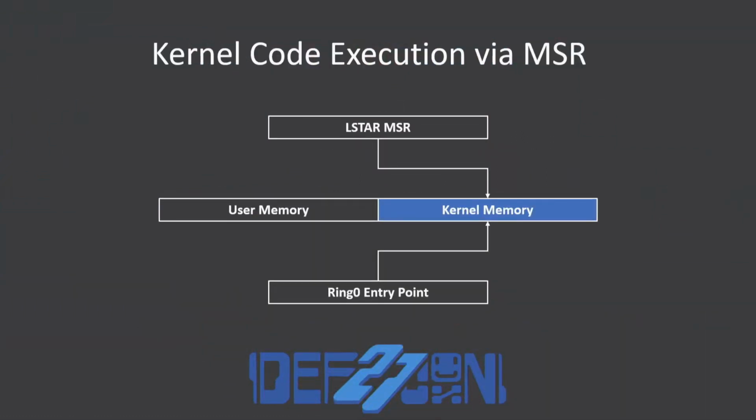So to look at the MSR case a little bit more, essentially the LStar MSR is pointing to an address in kernel memory where we don't know exactly where the kernel has been loaded. There's address randomization happening. When this transition happens, when you go from user space to kernel space, it starts executing at the address that LStar points to.